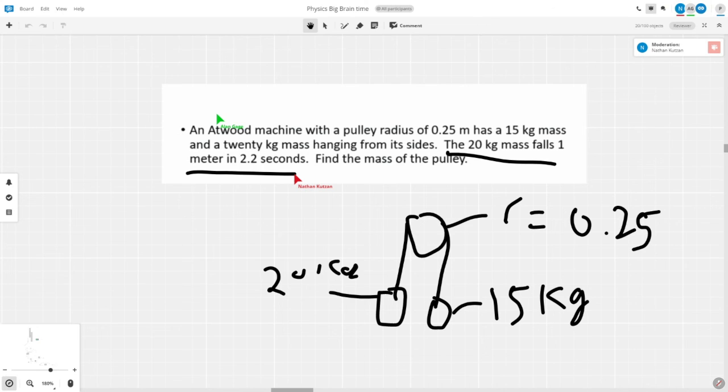Like, you know how for the 20 kilogram mass, you have a weight force and a tension, let's say tension one. The 20 kilograms is going to accelerate downwards, so it's T1 minus the weight force equals mass times acceleration.